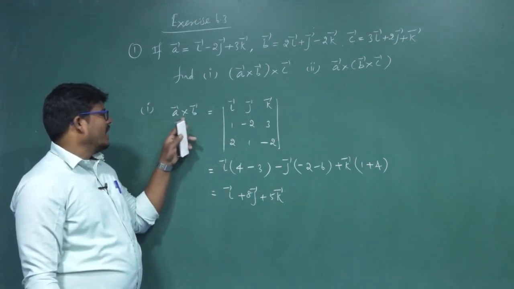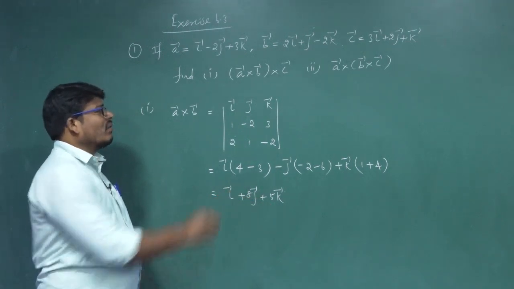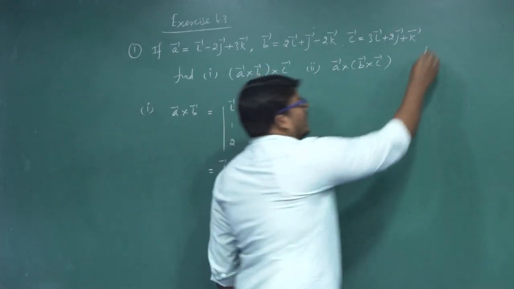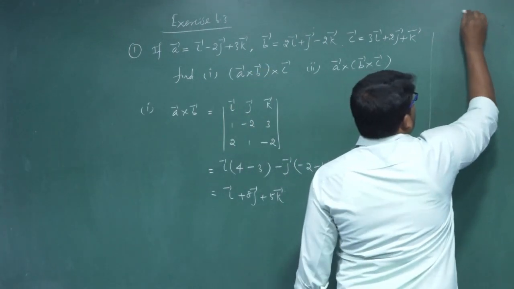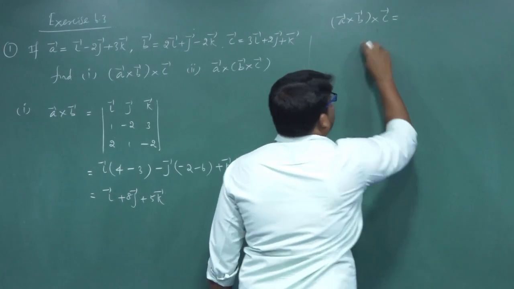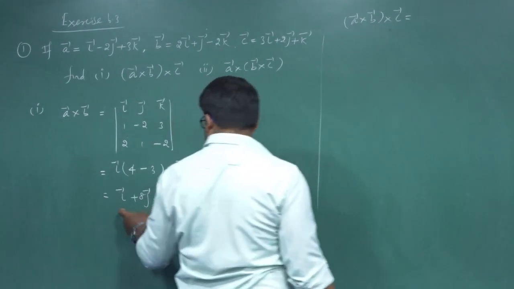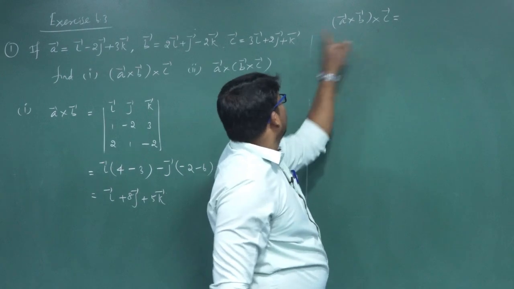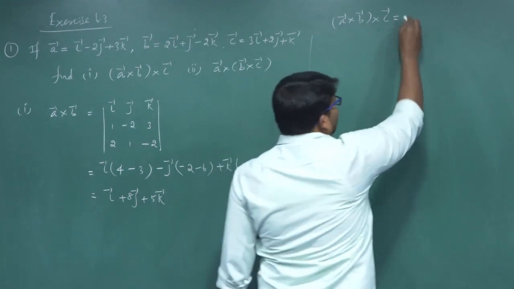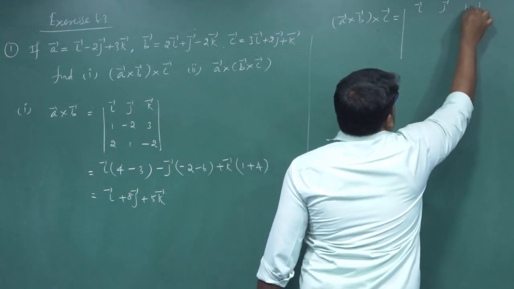So A vector cross B vector is i vector plus 8j vector plus 5k vector. Next, find the total value, A vector cross B vector cross C vector. We already found A vector cross B vector is i vector plus 8j plus 5k, and the C vector is the other vector. The vector product of two vectors uses the determinant form: i vector, j vector and k vector.